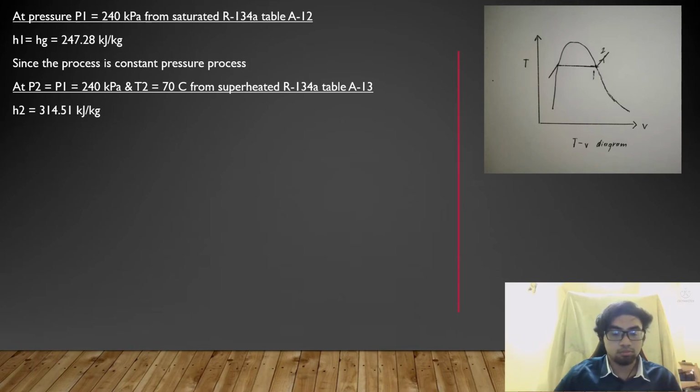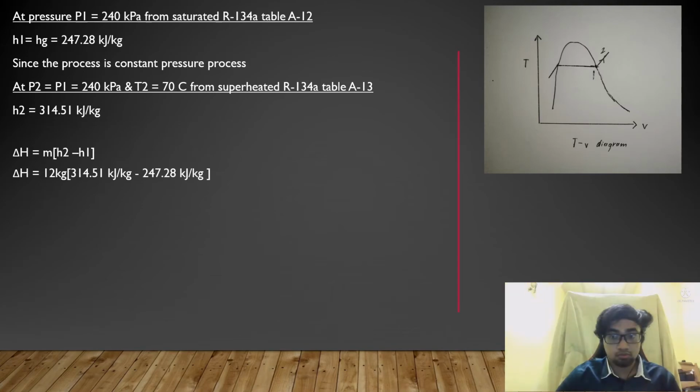Okay, from the properties that we have searched, we can use the formula delta H equal to m multiplied by H2 minus H1. From this, m is the mass, which is 12 kilogram, and H2 is 314.51 kilojoule per kg minus H1, which is 247.28 kilojoule per kg. And then we got delta H is 806.76 kilojoule.